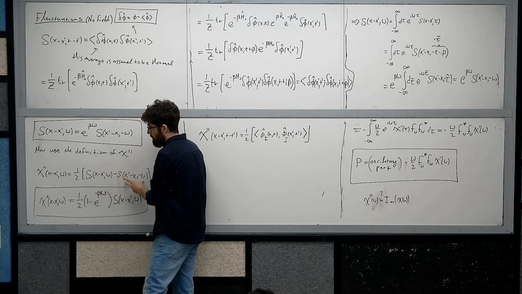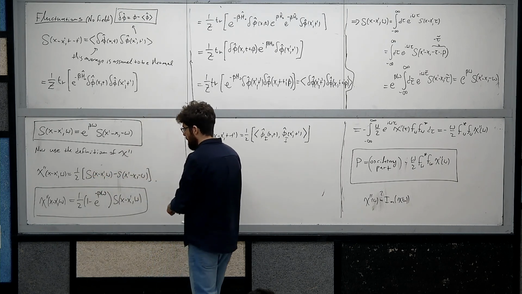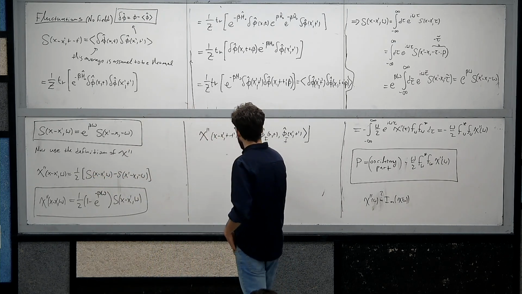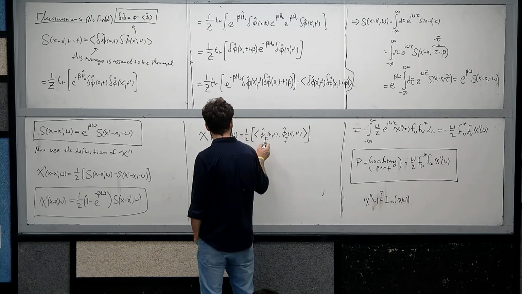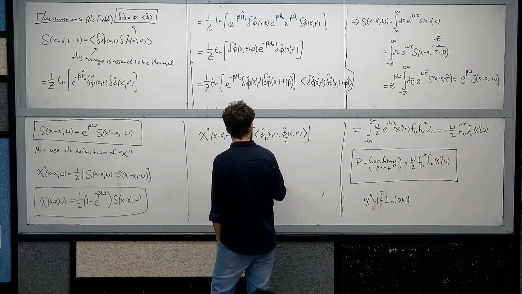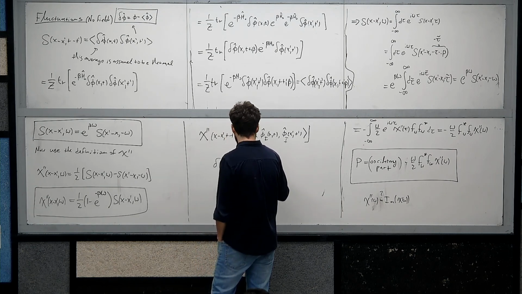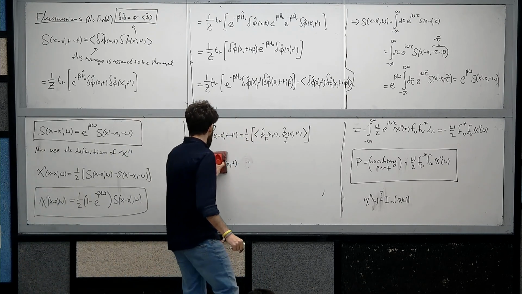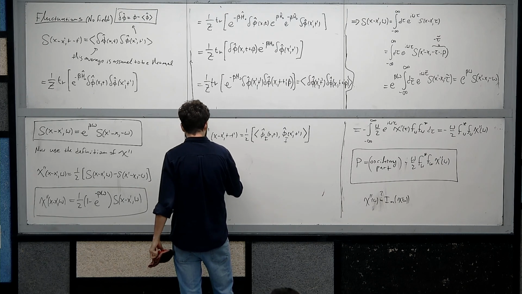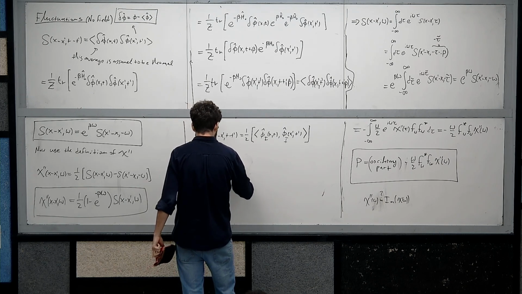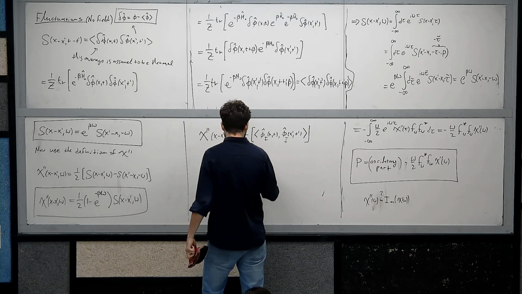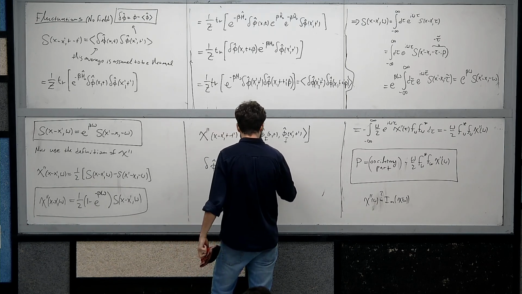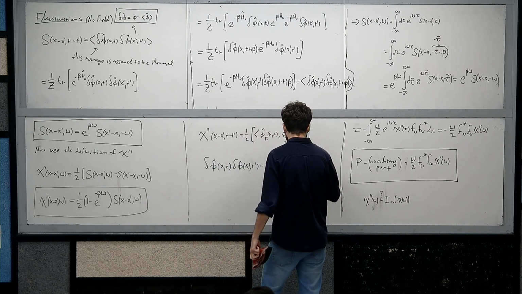If I would write it in full, let's say I write something like delta phi of x and t, delta phi of x prime and t prime, minus delta phi of x prime and t prime, delta phi of x and t.